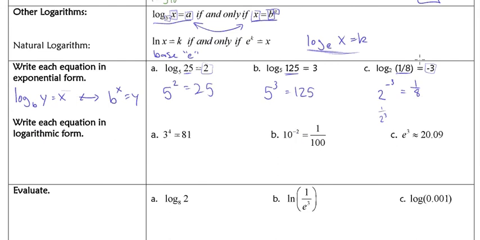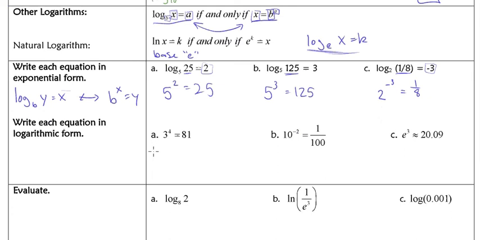That's the y value there, or if you're looking at the notes above, that would be the x value. But here we are. Now all three of these are written in exponential form. We just rearranged them into a way that was maybe a little bit easier to use. Now let's try going the other way. Let's change from exponential form into logarithmic form.